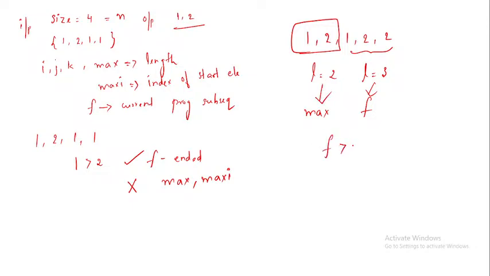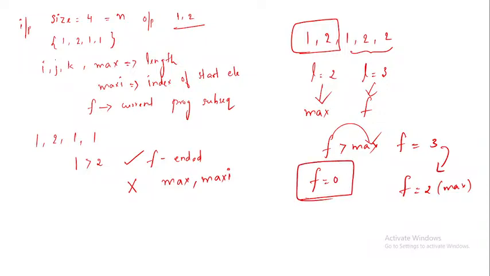Suppose my F is greater than max, what I'll do? I'll store this value F to max. Now see what will happen. Initially in F I got 3. After this in F I'll store 2. That is the maximum value. And again I'll reset the value of F, that is the current subsequence, to 0.